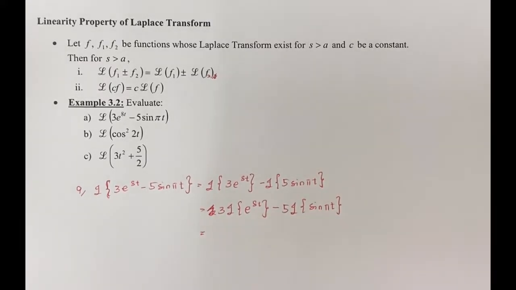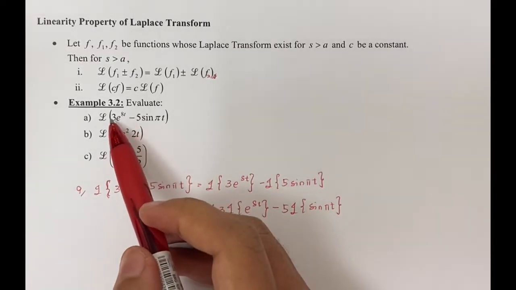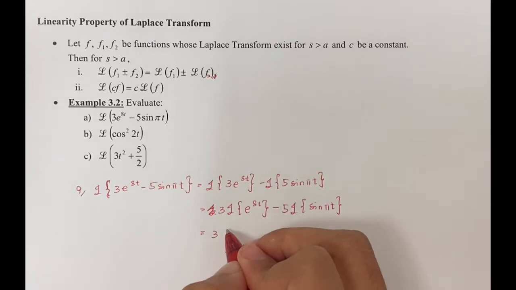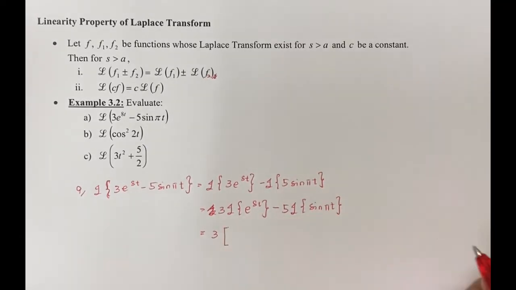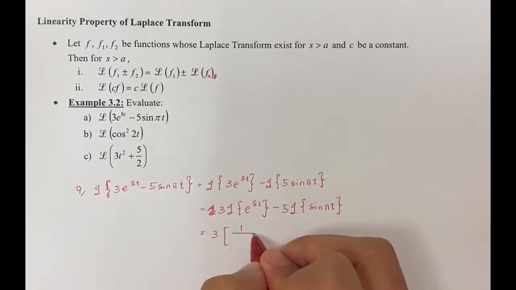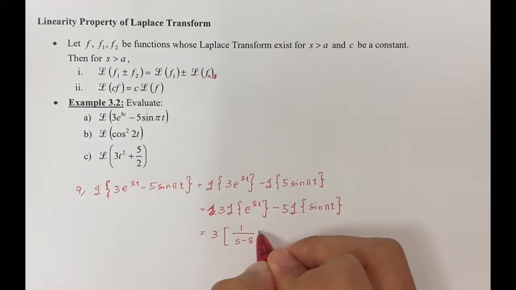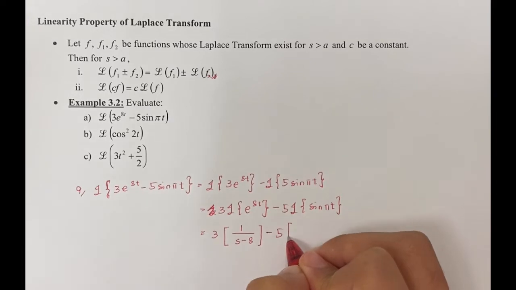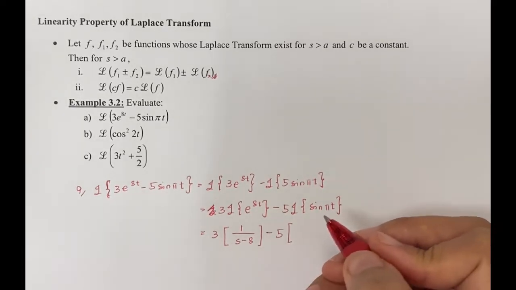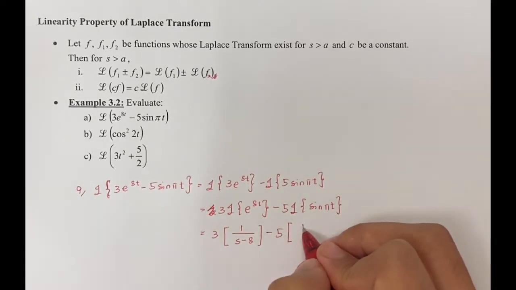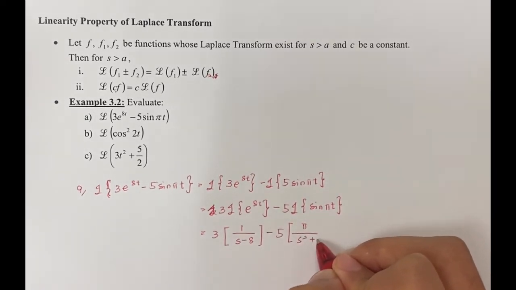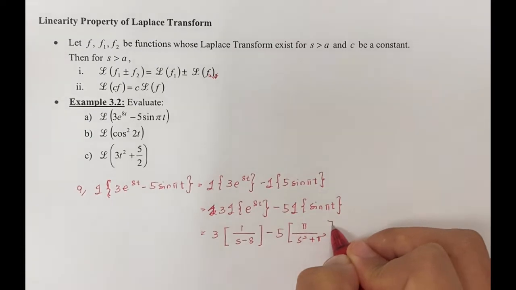So now you can find what is the Fs for this operation. So 3 multiplied by Laplace transform of exponent 8t is equal to 1 over s minus 8, minus 5 Laplace transform of sine pi t, which is equal to pi over s square plus pi square.